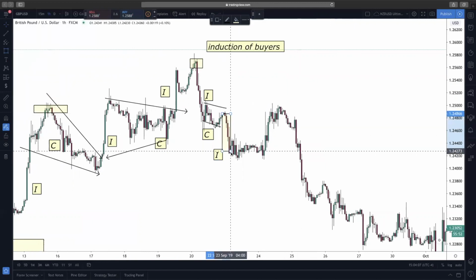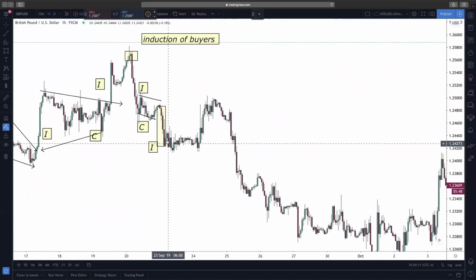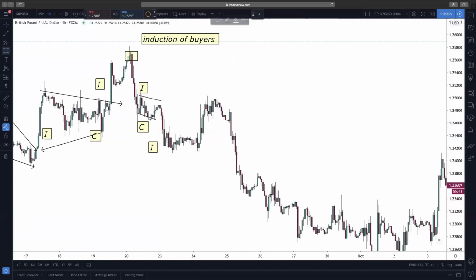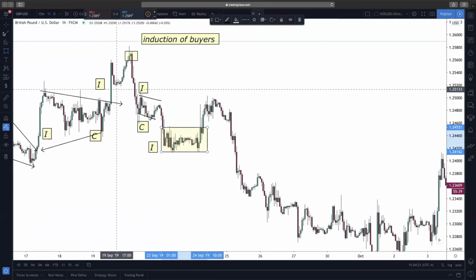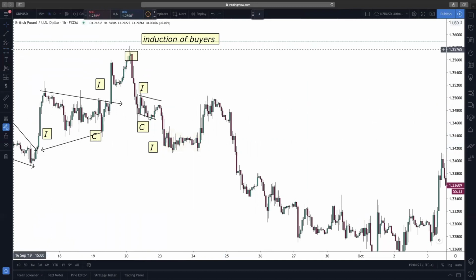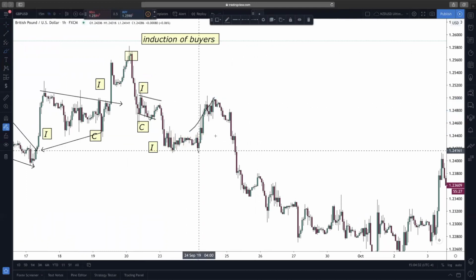Of just this right here. Small impulse. And I would even argue that this entirety right here, this is just consolidation. Price is evenly balanced, and price on its way back up. This is our correction.